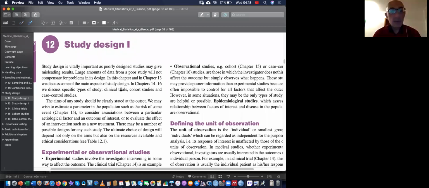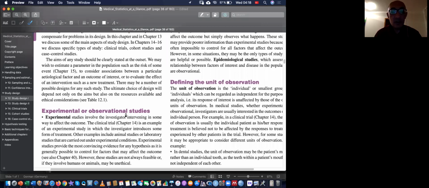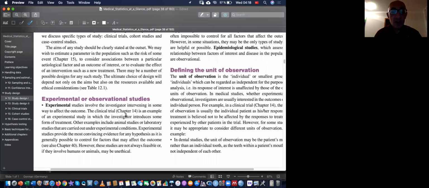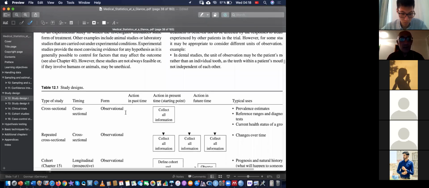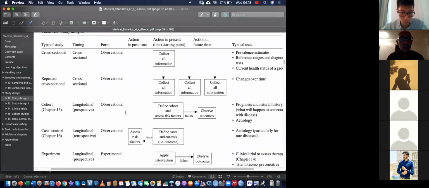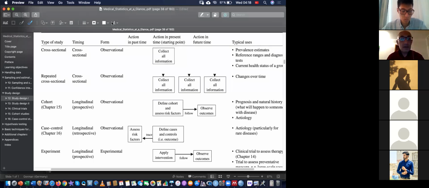So we should know about the study designs and how to conduct a good study. Here in the book, on this page, we have some names of study designs which I believe are important, and you should know them.